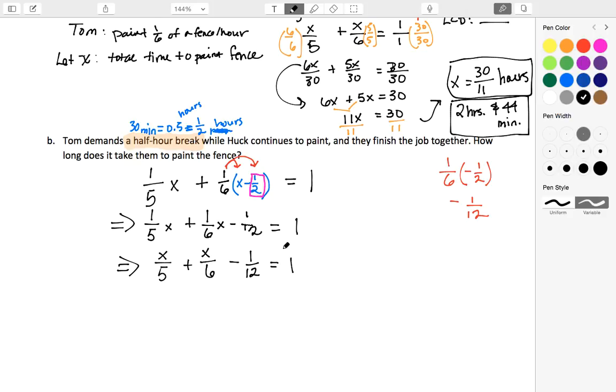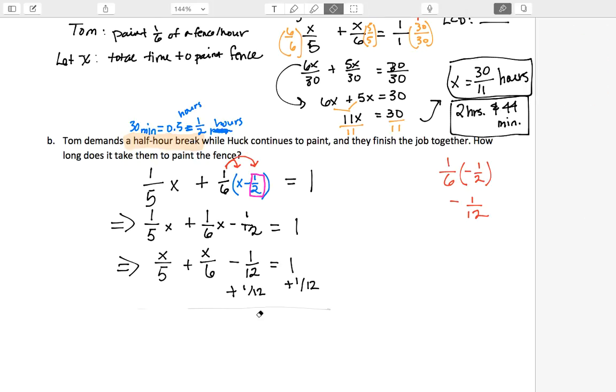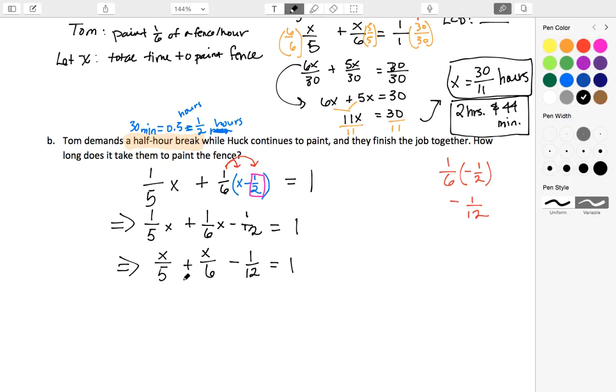Okay, so then from there, we can go ahead and add 1/12 to both sides. Or at this point, actually, I'm going to pause right here, because many people can see this in a different way. Some people can recognize, oh, x over 5 plus x over 6 minus 1 over 12 equals 1. We can also show that this is 1 over 1, and then you can find the LCD here.